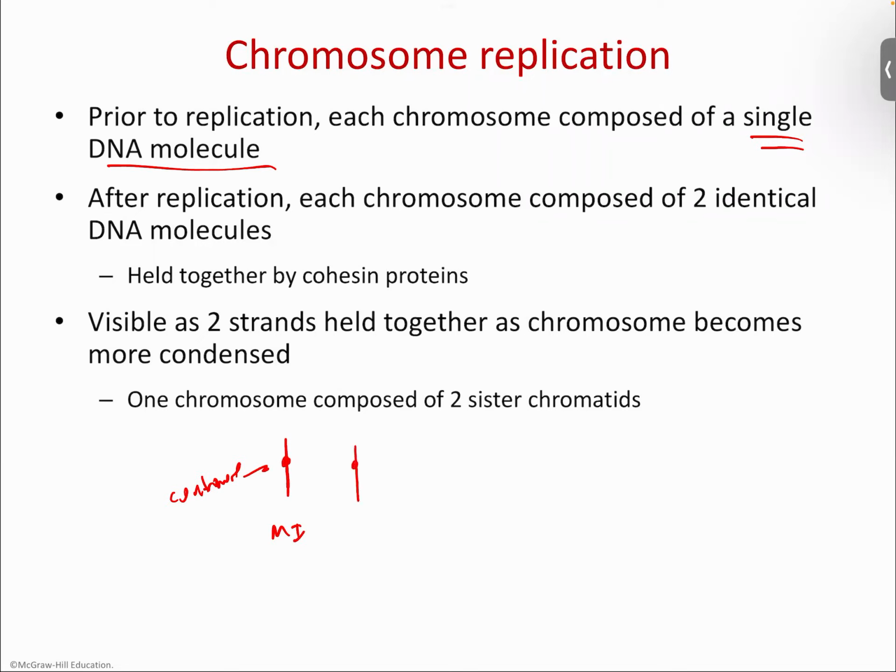And then we'll have dad 1, same thing. So that's before replication. After replication, we make a copy of each of these, but they're attached to the same centromere. So now there's my centromere right there.